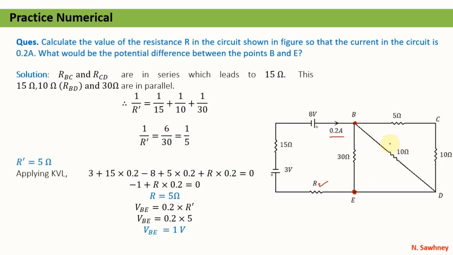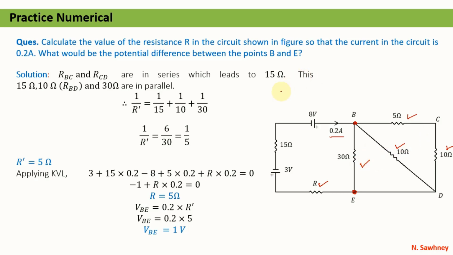For this we have to simplify this part of the circuit first. If we look carefully, this 5 ohm resistor and 10 ohm resistor are in series combination. That means they will form 15 ohm resistance. Now this 15 ohm resistance is in parallel with 10 ohm and 30 ohm.